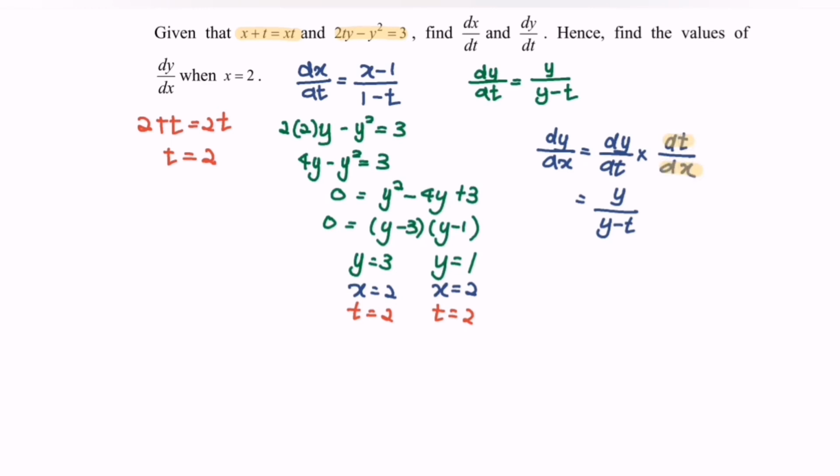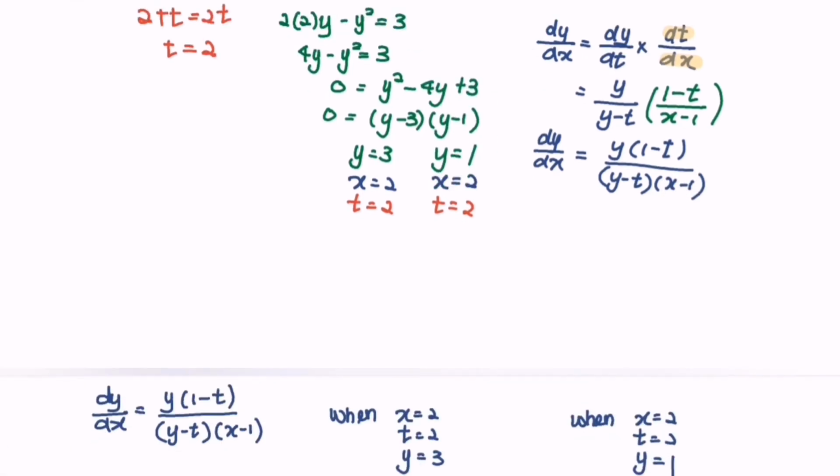In here we have dx/dt, meaning that we have to flip the situation and we will have 1 minus t over x minus 1. So that is what we call dt/dx. So finally, our dy/dx will be equals to y bracket 1 minus t over y minus t bracket x minus 1.